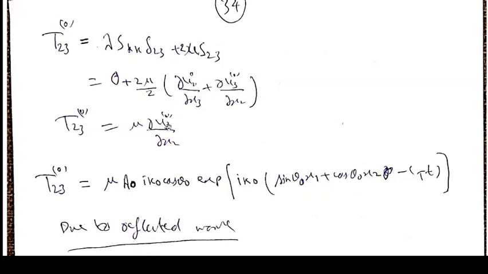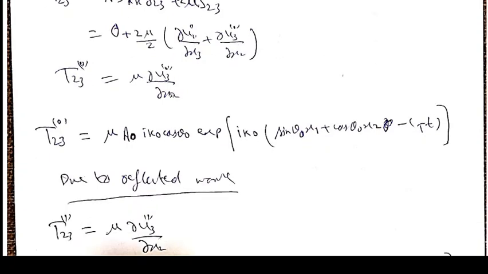Now you have partial u3 and you take the derivative simply with respect to x2. When you take the derivative of u3 with respect to x2, you have mu A0 i k0 cos theta0, the coefficient of x2, and the exponential as it is.